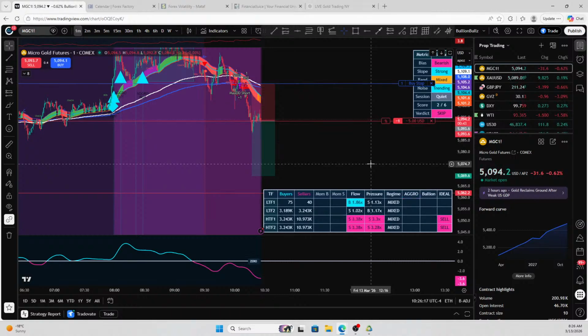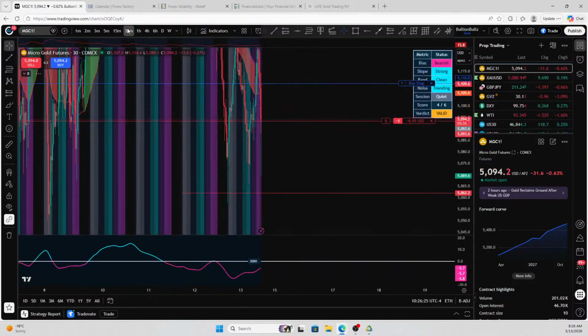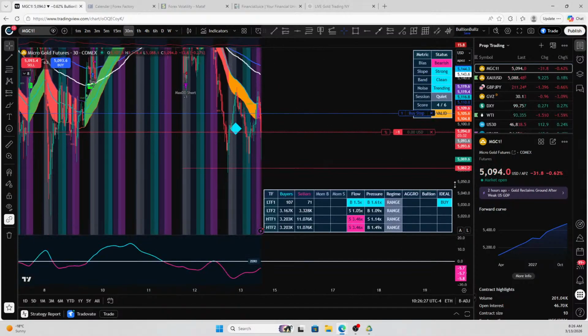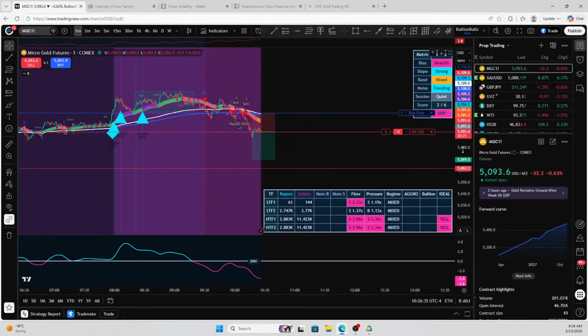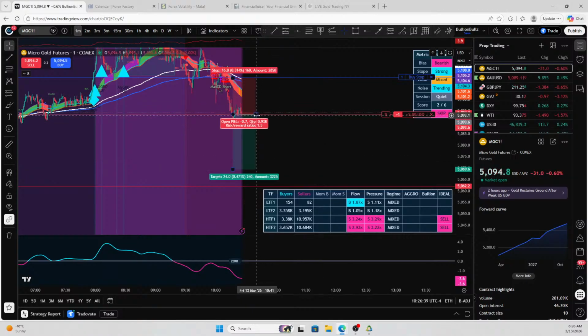Also, the 30-minute candle is about to close in 3 minutes. That will give us an indication as to which side the market wants to go. It is looking to test these lows right here, which is kind of aligning with our profit target as well. So it's pretty good so far. Let's see. I'm not predicting anything.